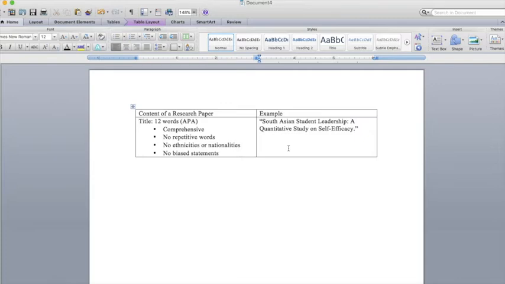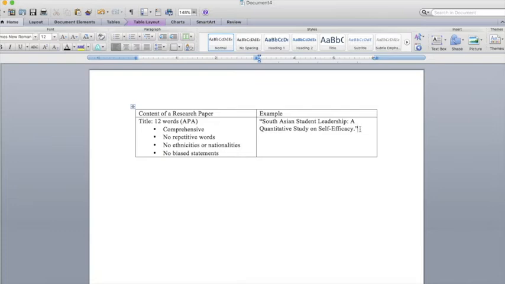For example, a study on Indians versus Pakistanis and things like that is not encouraged, so those things have to be avoided all the time. But then the following study is about South Asian students, and because of that, I'll have to just go ahead and use that. So I'm going to put it like that, South Asian, and no bias statements.